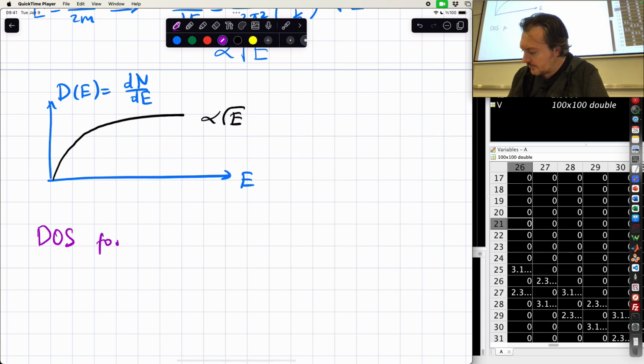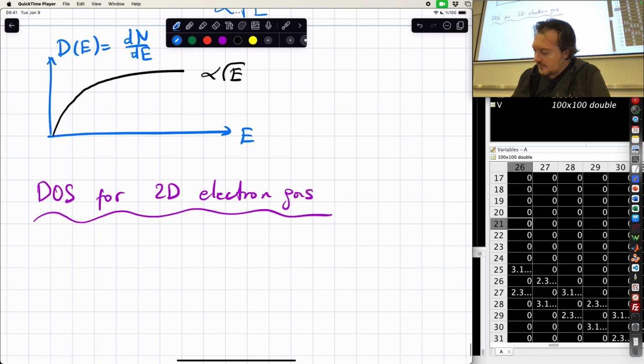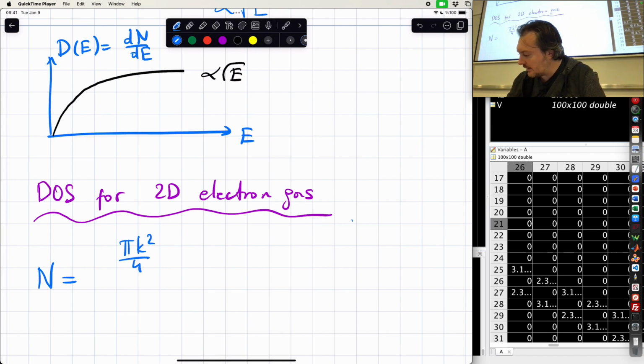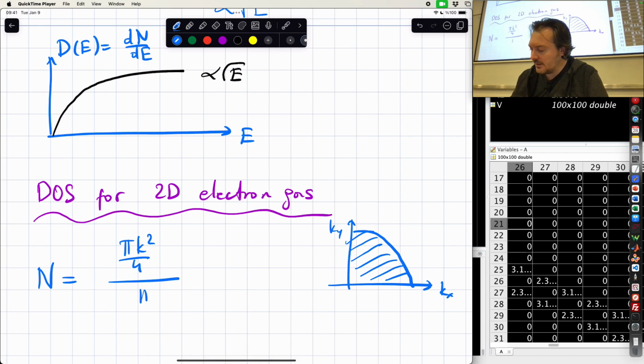DOS for 2D electron gas. Now, this time, the counting changes. Do you remember what happens here? So you have pi k squared over 4 because you now have kx and ky. So you have a quarter of a circle, right? Divided by pi over L squared, and you multiply by 2.